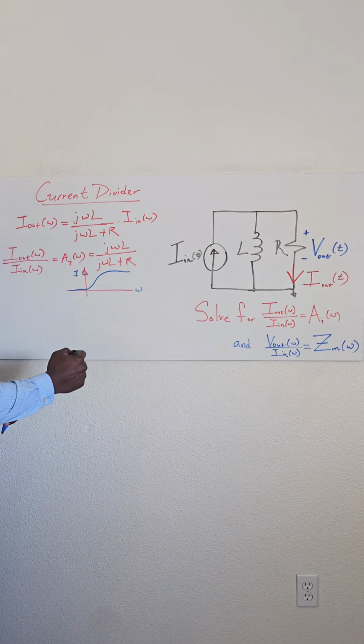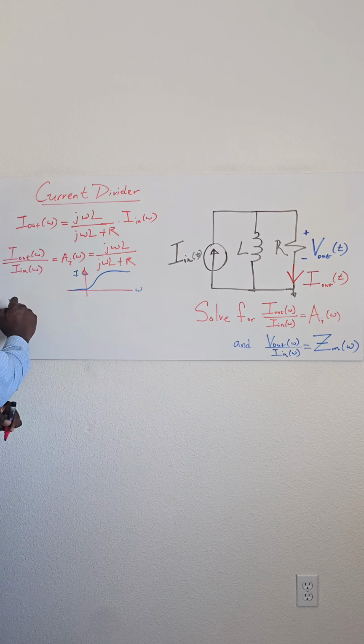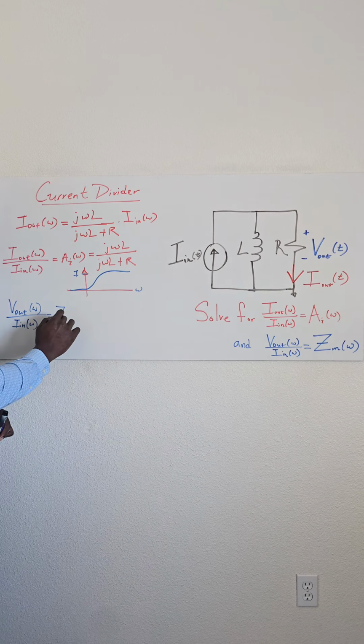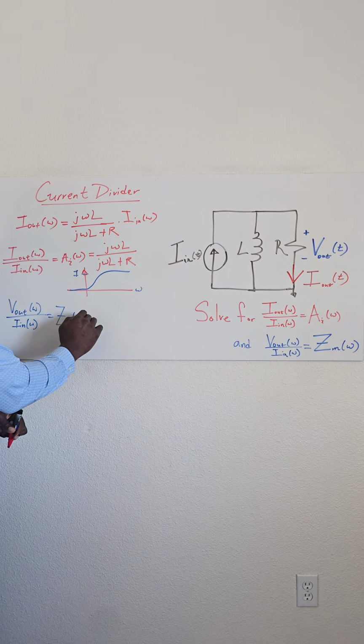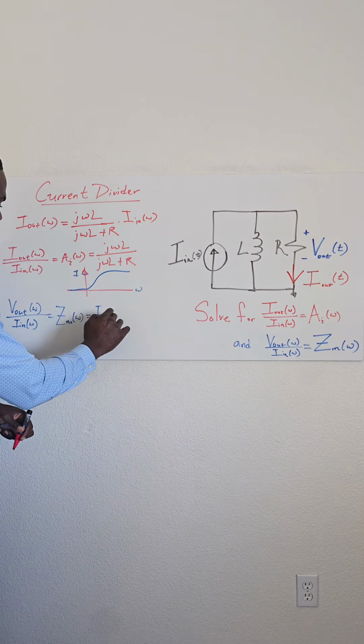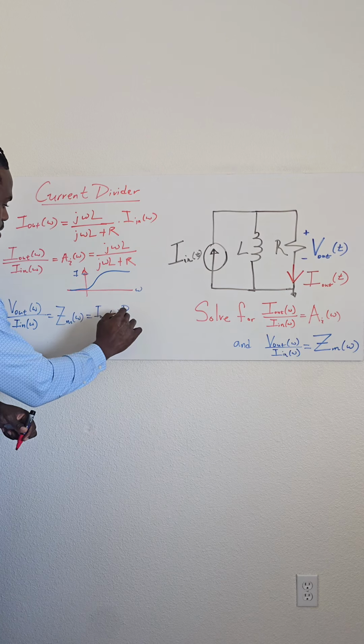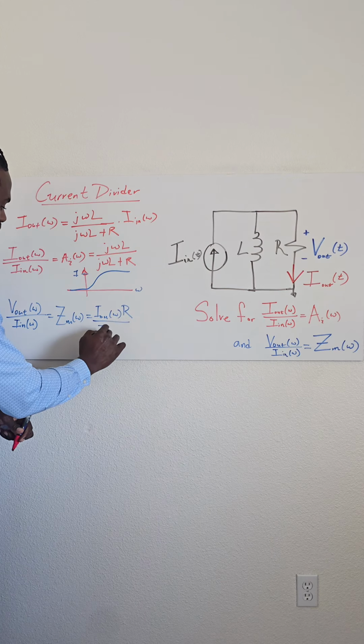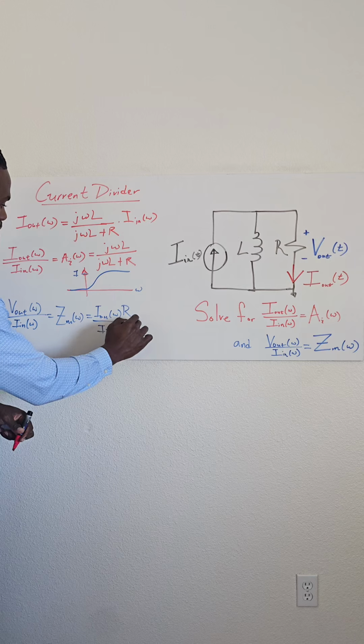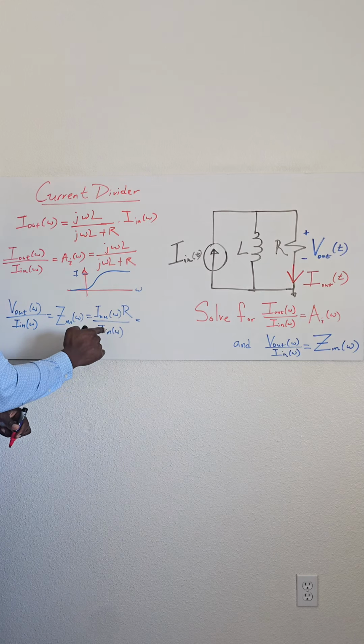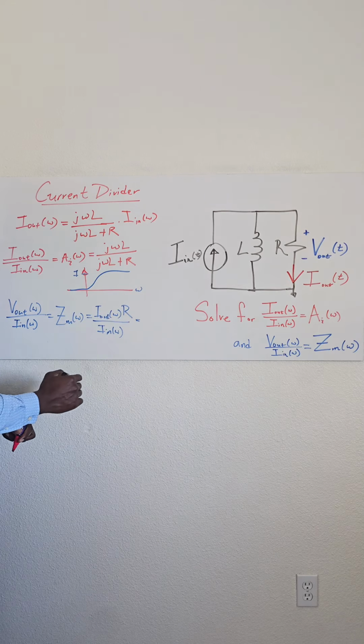Now, for my transimpedance, I get that V out of omega over I in of omega, which is equal to this Z_M of omega, is equated to V out, which is basically I out of omega times R, and then we have an I in of omega. As a result, we've already solved for I out of omega over I in of omega.